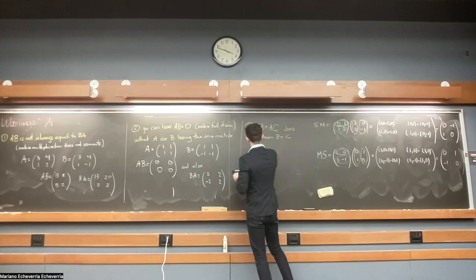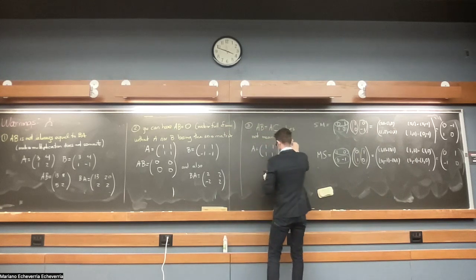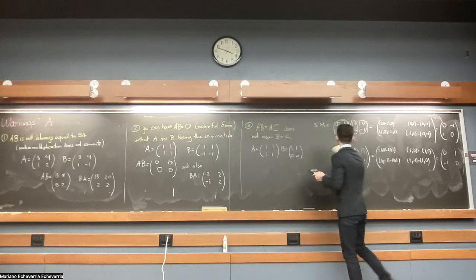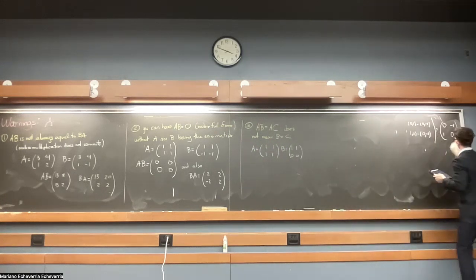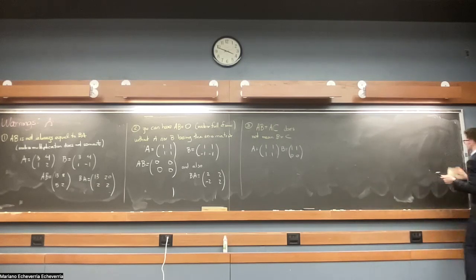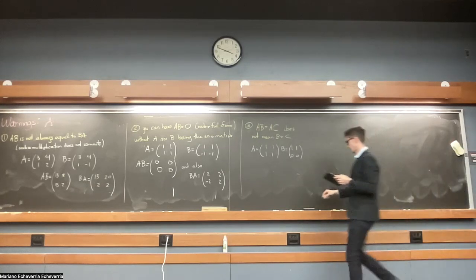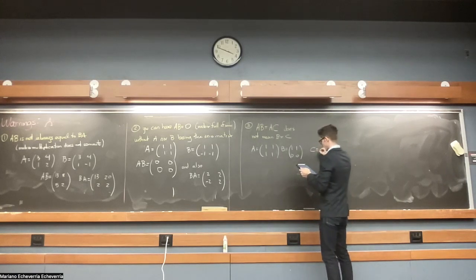So again, if you take A to be 1, 1, 1, 1, and B to be 1, 1, 0, 0, and C to be 0, 0, 1, 1.